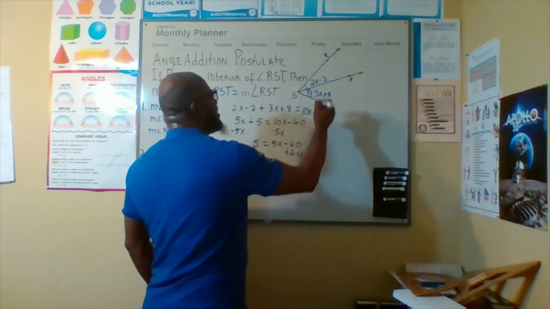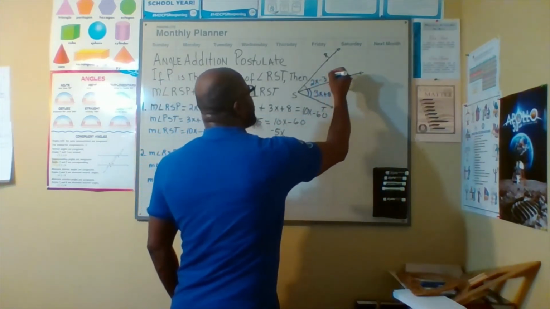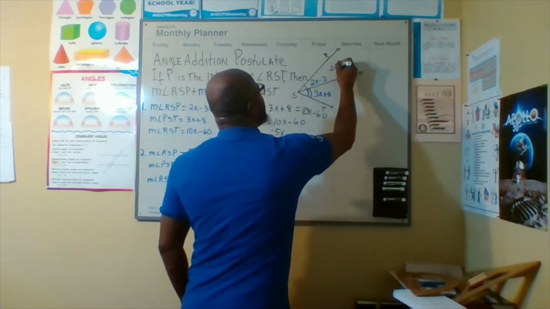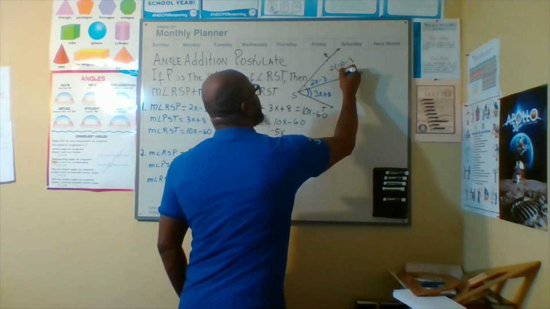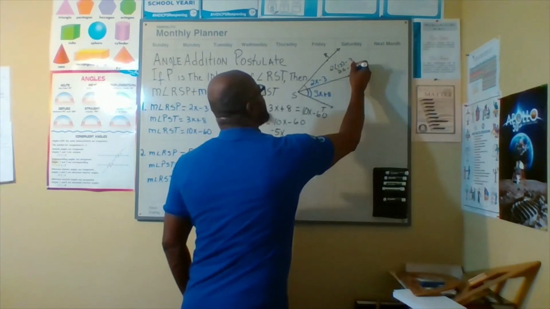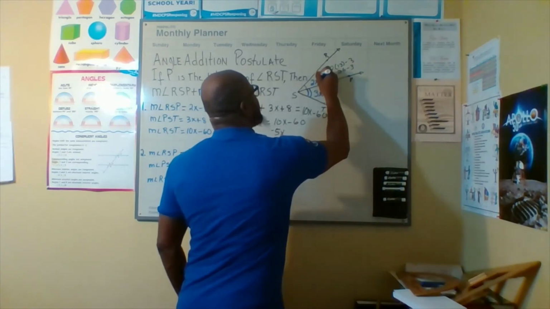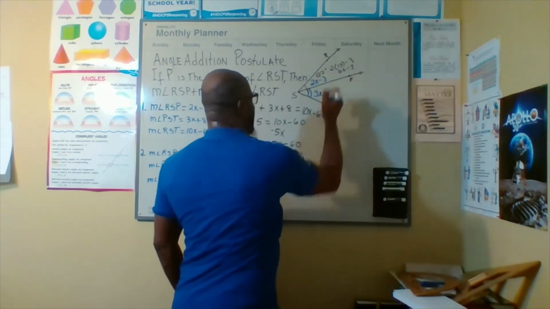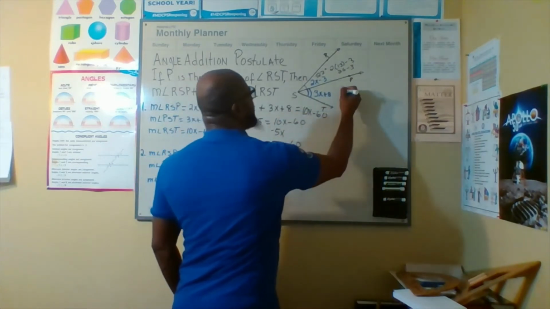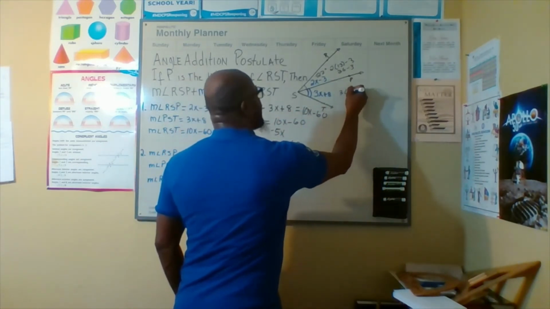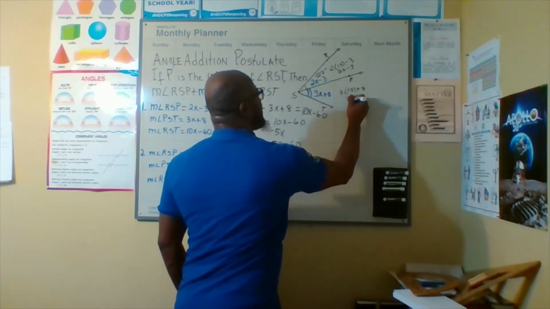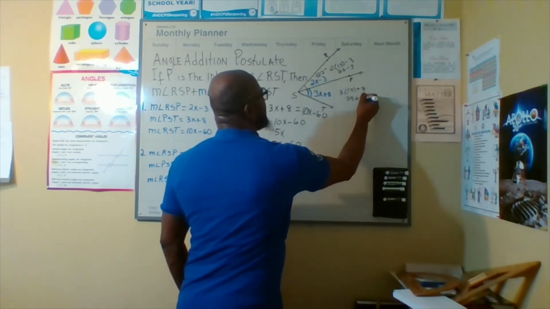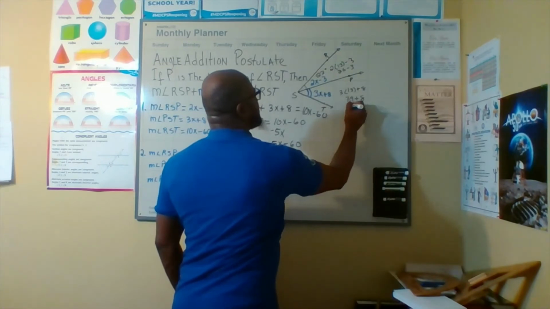Since x is 13, I'll say 2 times 13 minus 3. 2 times 13 is 26. 26 minus 3, this angle is 23 degrees. Same thing, I can take 3 times 13 plus 8. 3 times 13 is 39. 39 plus 8 is 47.